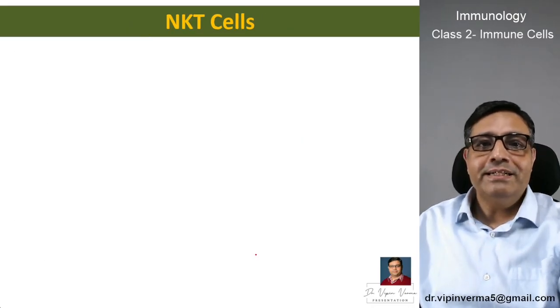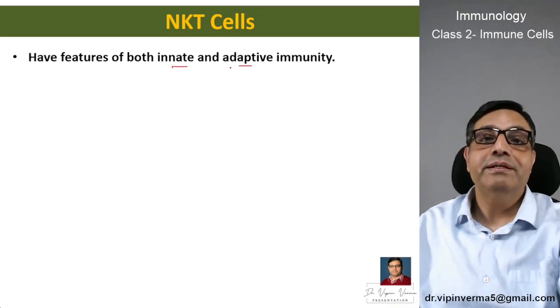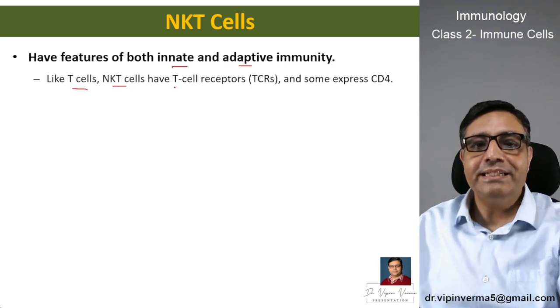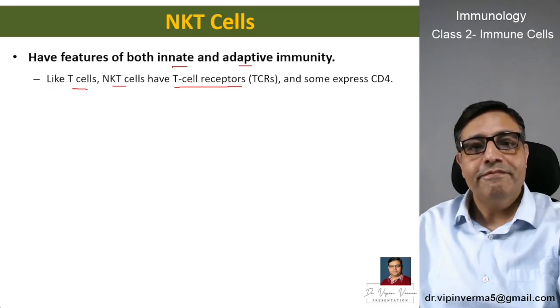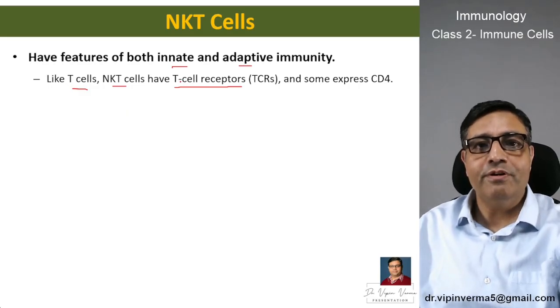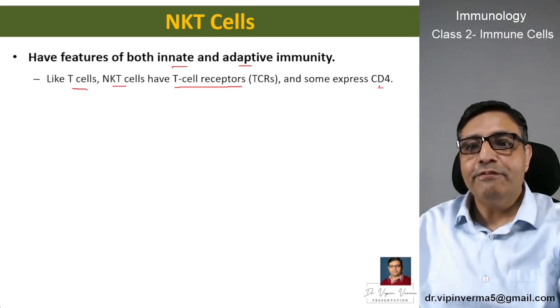Now we have an interesting cell, the natural killer T cells, or we call them NKT cells. They have the features of both the innate and adaptive immunity. And like T cells, these NKT cells have T cell receptors. You have seen the T cell receptors which interact with MHC molecules, type 1 and type 2, and some of these NKT cells express CD4.